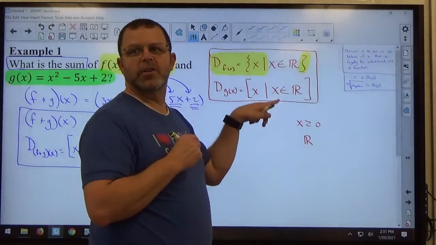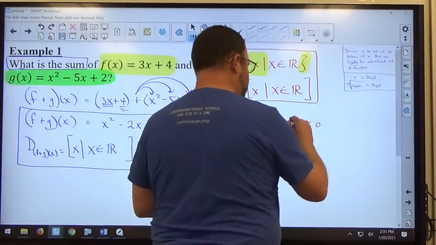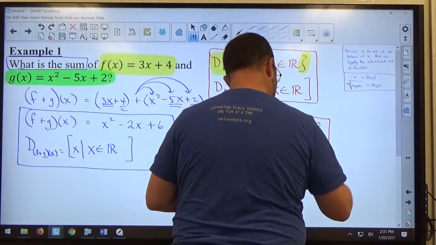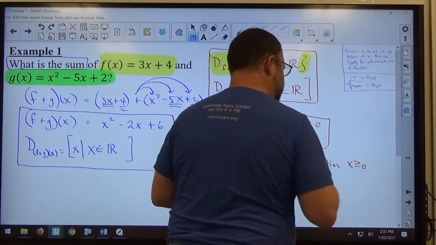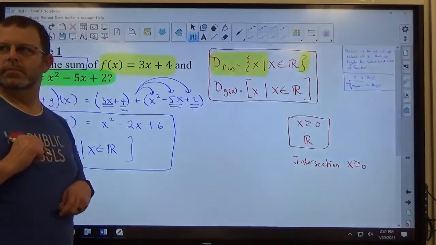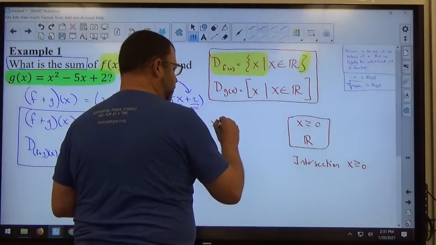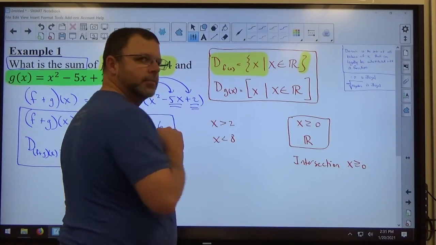If we're doing the intersection of those sets, this is every number in the world, this is only numbers greater than or equal to 0, so the intersection of these two sets would be x is greater than or equal to 0. Maybe you get x is greater than 2 and x is less than 8.